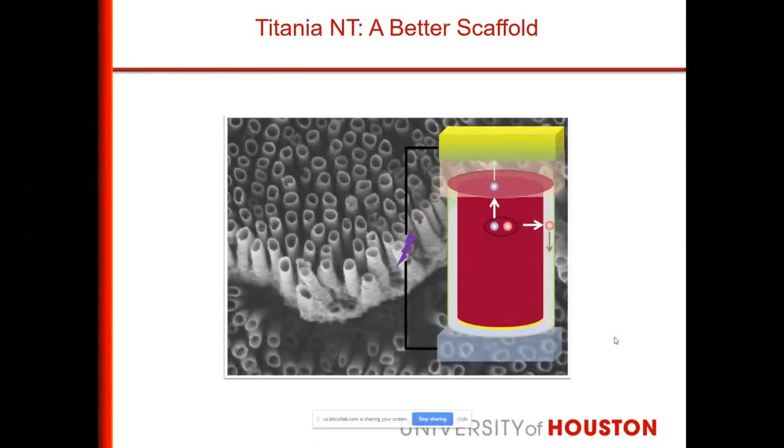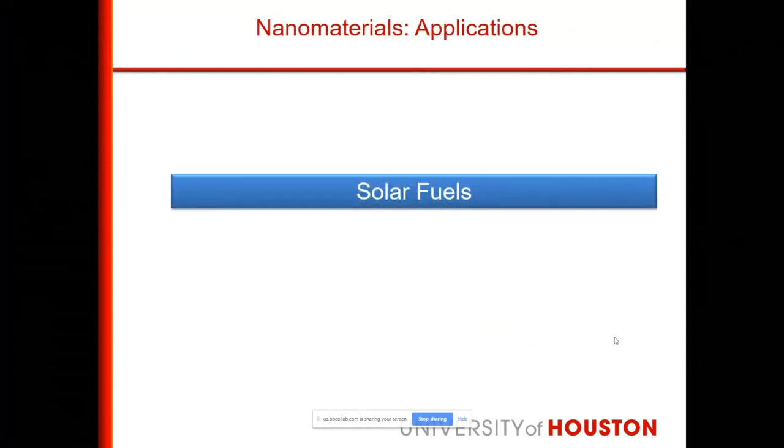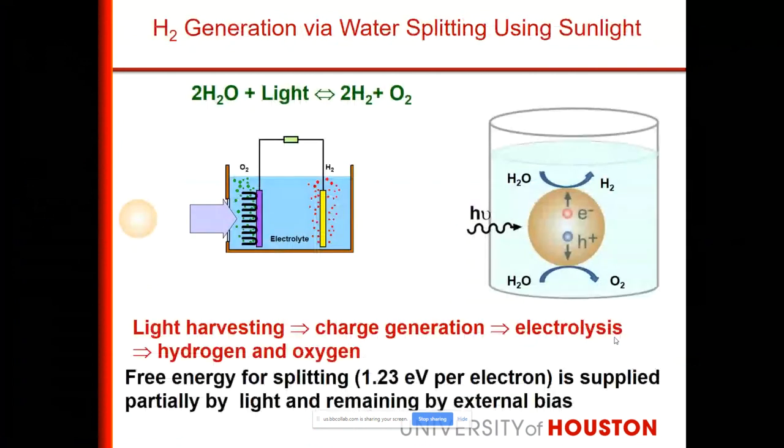So this is one application which we are studying, how this material can be used for solar cell application. The other one is solar fuel generation. We can split water and generate hydrogen and oxygen if you give energy to it.